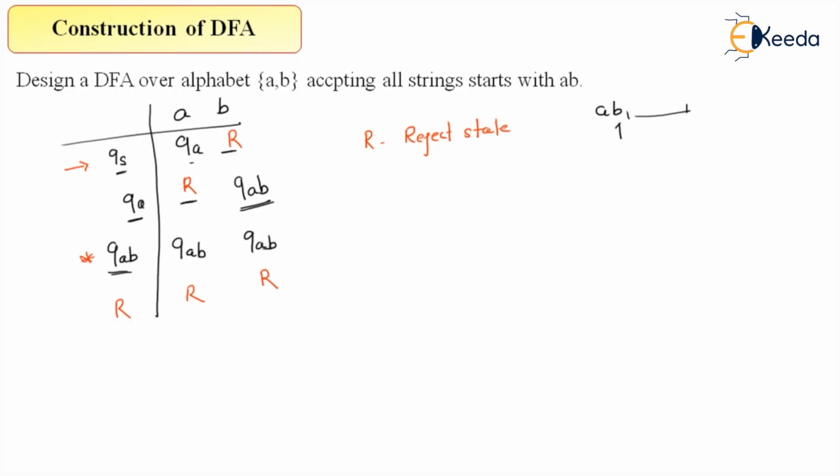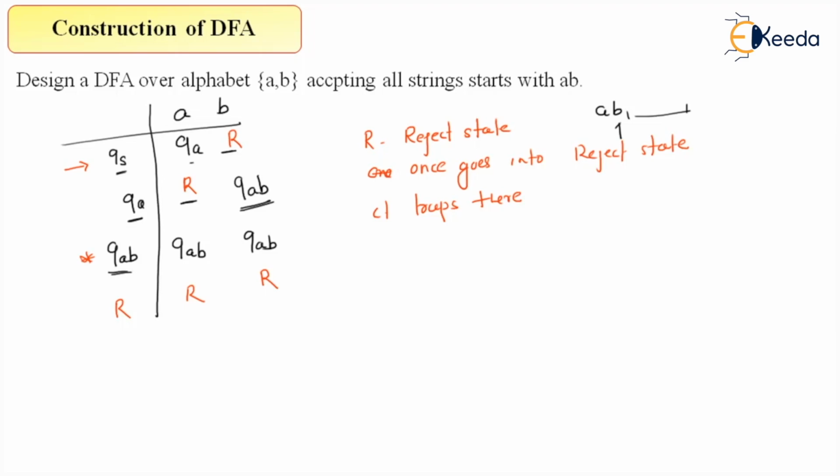Once it goes into the reject state, it traps there. That means it will never come out.